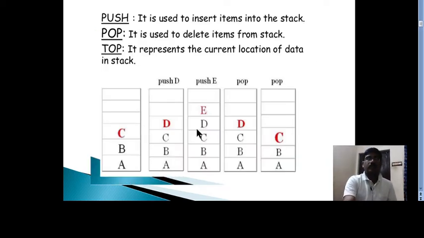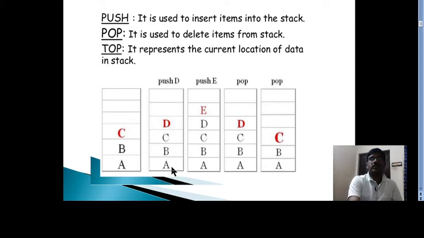After that, I'm taking an example. Let us suppose that this is A, B, C. Already elements are inserted: first A is inserted, after that B, after that C. Now, if you want to insert or push D, it will be placed at the top of C.